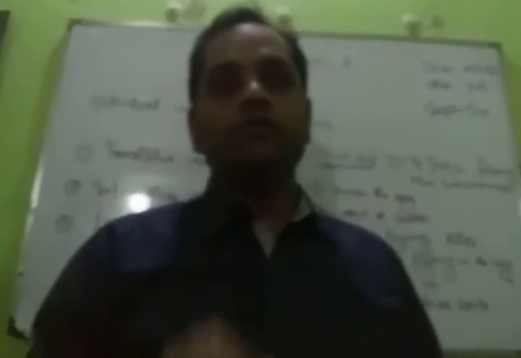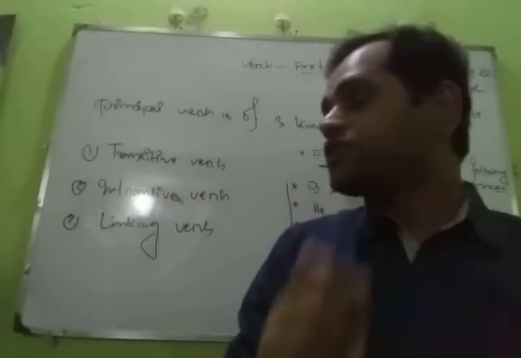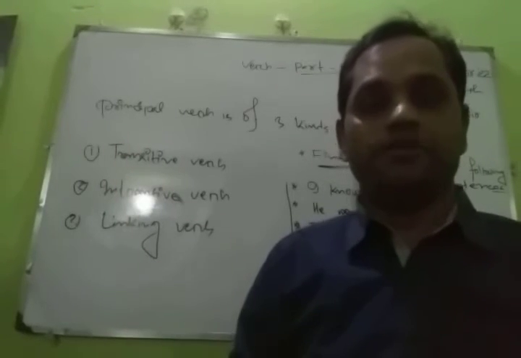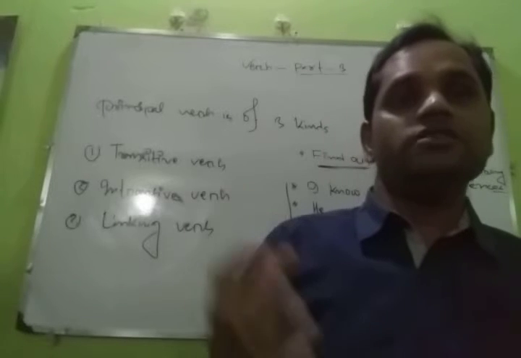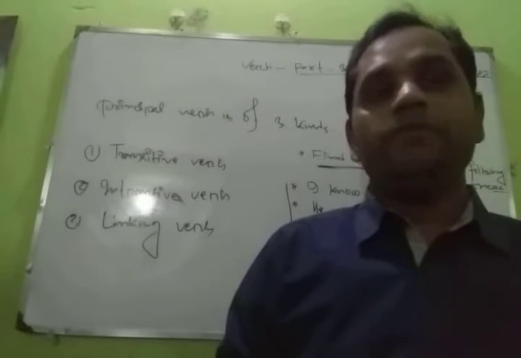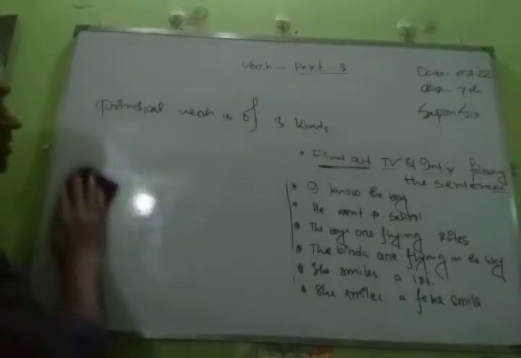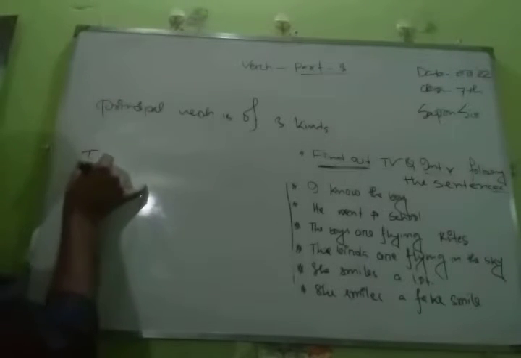If you want to find out transitive and intransitive verb from the sentence, at first you have to know the definition of transitive and intransitive verb. Do you know the definition? Okay, let me write. At first, you have to write the transitive verb.